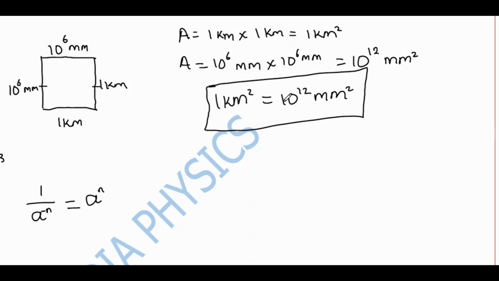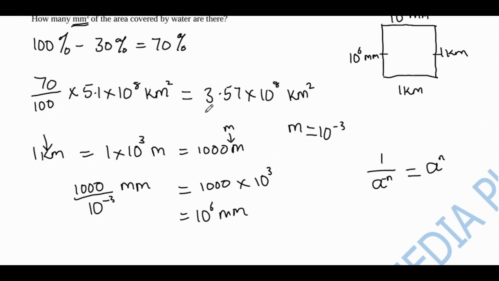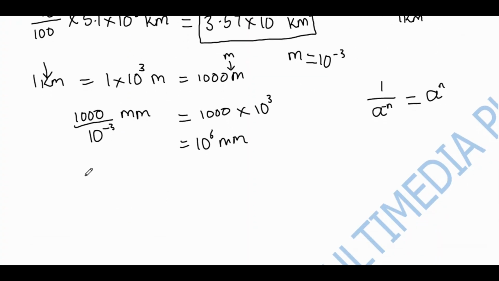So we can use this conversion factor here to work out the area of the earth that is covered by water into square millimeters. Now we found the area is this number here, 3.57 times 10 raised to power 8 square kilometers. Now let's convert. Our conversion factor states that 1 square kilometer is equivalent to 10 raised to power 12 square millimeters. What about 3.57 times 10 raised to power 8 square kilometers?